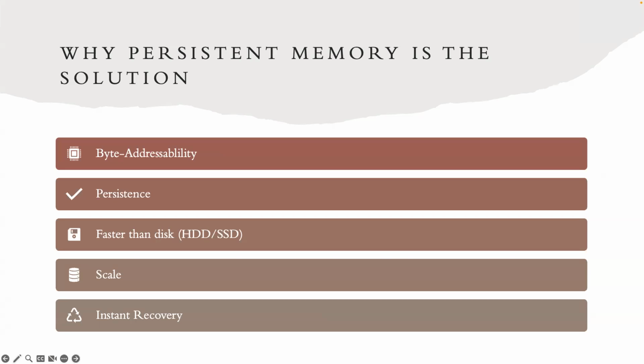It's faster than hard disks and SSDs, and the capacities of persistent memory are larger than DRAM. Also, because of all these features, it can allow instant recovery of data.